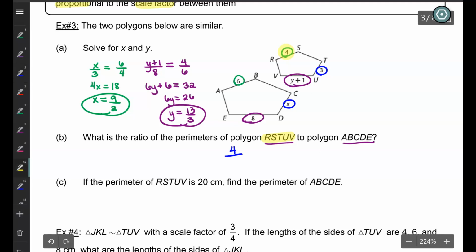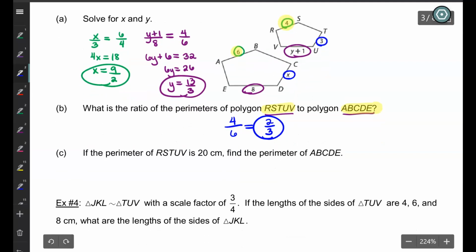And that's going to compare to one side in ABCDE, so I'm going to use 6. Remember, ratio of the perimeters is exactly the same as the scale factor. So I'm going to get 2 to 3. So if I had asked for the scale factor, your answer would also be 2 to 3.